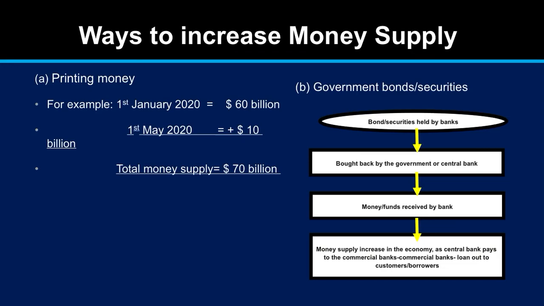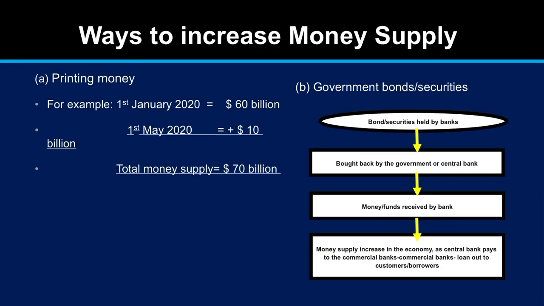The second method that the central bank uses to increase the money supply is by buying back the government bonds and securities which have been sold earlier to the commercial banks and private sector. As the central bank buys back the bonds or securities held by the banks, the central bank will pay money in return to the private sector or the commercial banks.